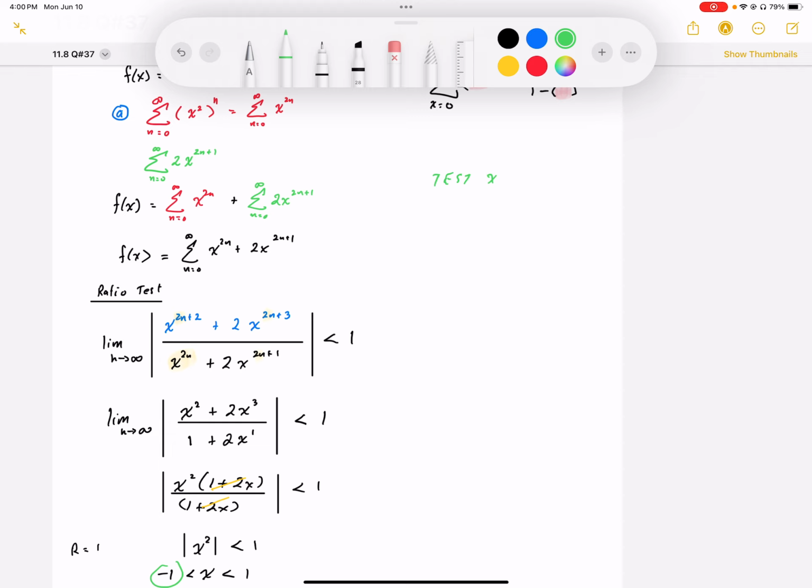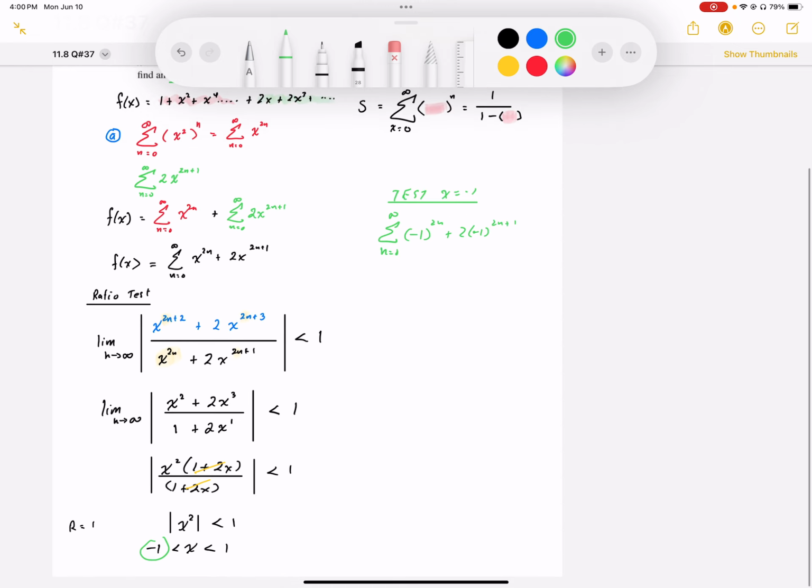I'm going to test x equals -1, plugging that into my f of x, the sum from n equals 0 to infinity. I get -1 to the power 2n plus 2 times -1 to the 2n plus 1. If I let this limit go to infinity, it's going to end up being 1 minus 2, so this is always going to be a negative.